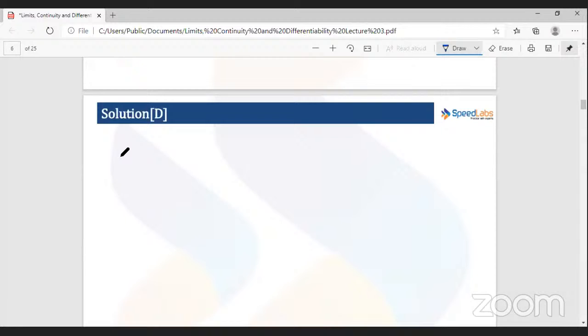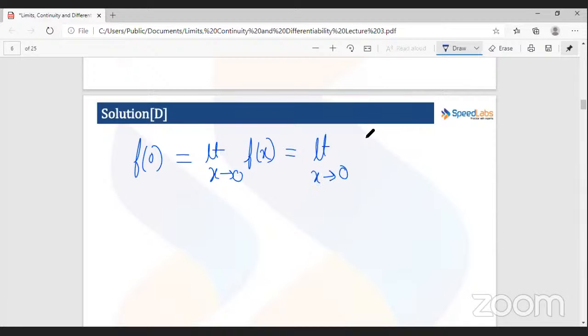So let's find out f(0). We discussed that it is limit x tending towards 0 f(x). So this is limit x tending towards 0, f(x) was 1 by x minus 2 upon e raised to the power 2x, is it minus 1?